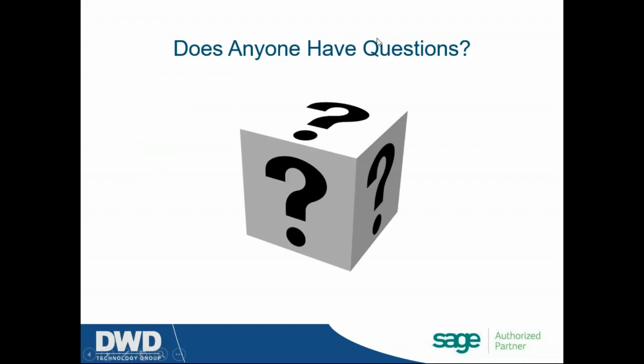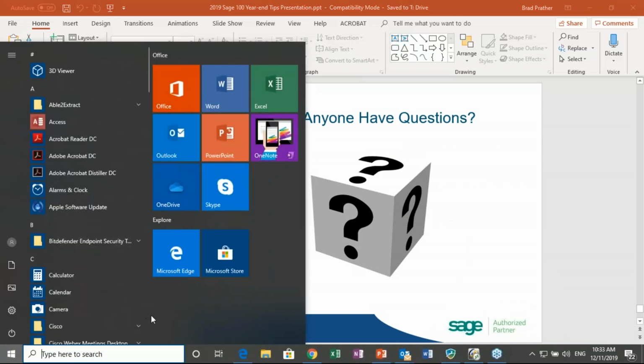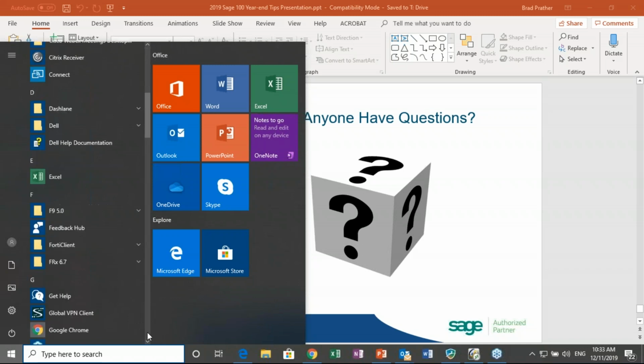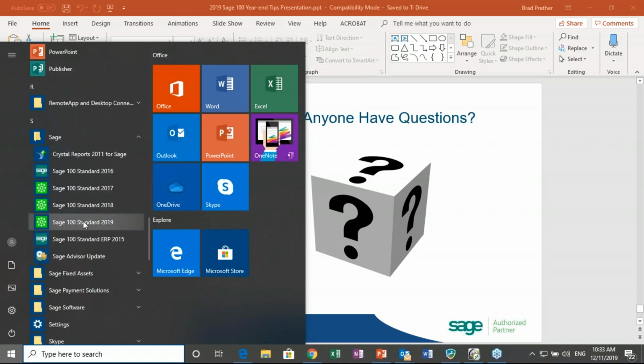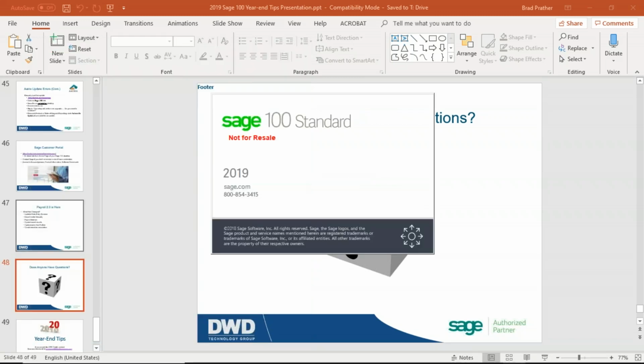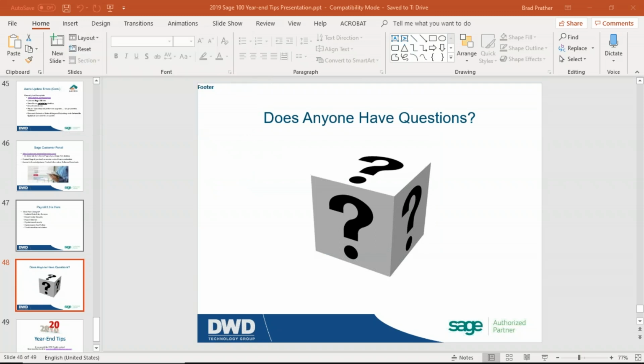What I'd like to do here before I take any questions is, if you will bear with me for just a second, I'm going to open up my Sage 100 in version 2019, and we'll give you a real quick look at what that looks like, so you have a little bit of an idea, for anybody who has not seen it yet or hasn't upgraded to it.